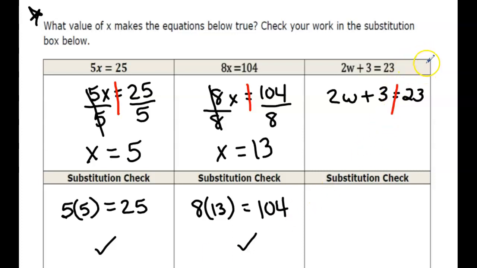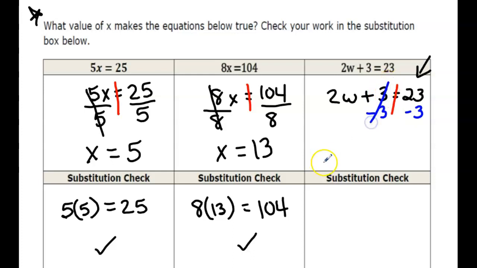Now this one is a little bit different. It actually has 2 steps, which is why it's important to show your work on both sides. So in our last lesson, we learned that we get rid of addition by subtraction. So we're going to do that first. So remember, we're trying to isolate this variable by itself. So we are going to subtract 3 on both sides.